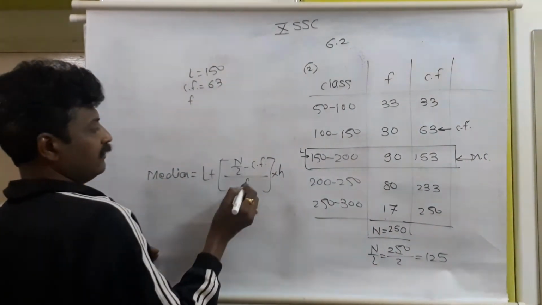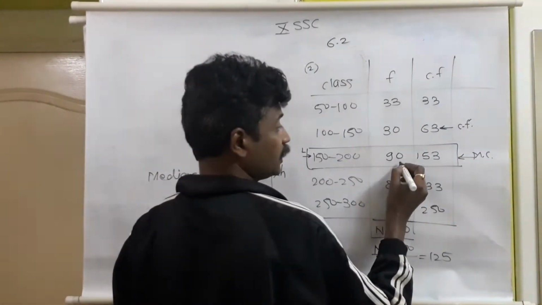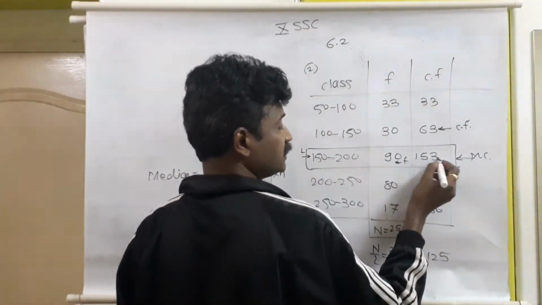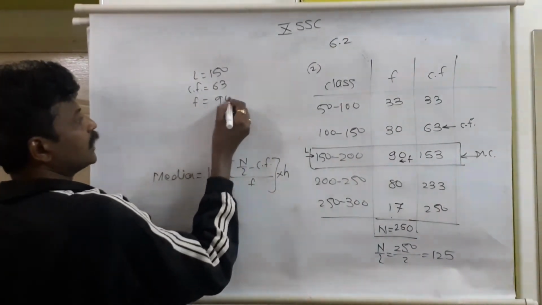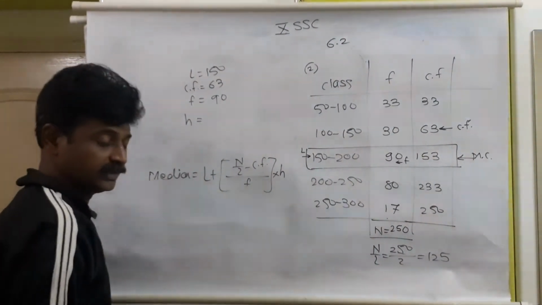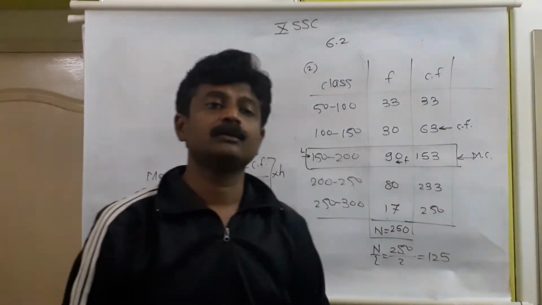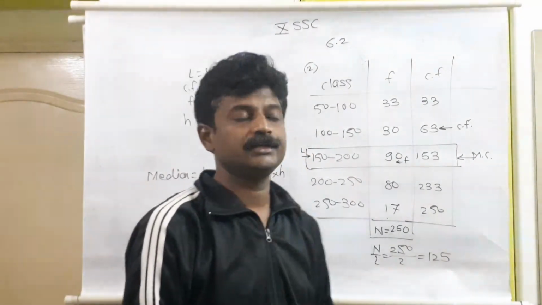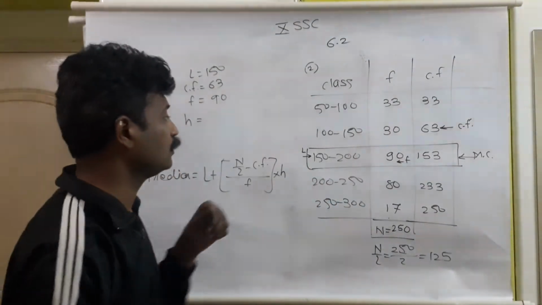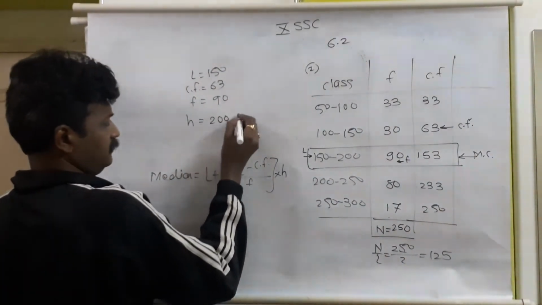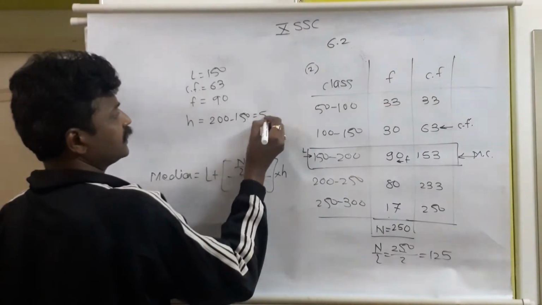F is the frequency of the median class, and that is 90. And H, class width, the difference between upper and lower limit when the classes are continuous. Already the classes are continuous. Difference between upper and lower limit, 200 minus 150, the difference is 50.